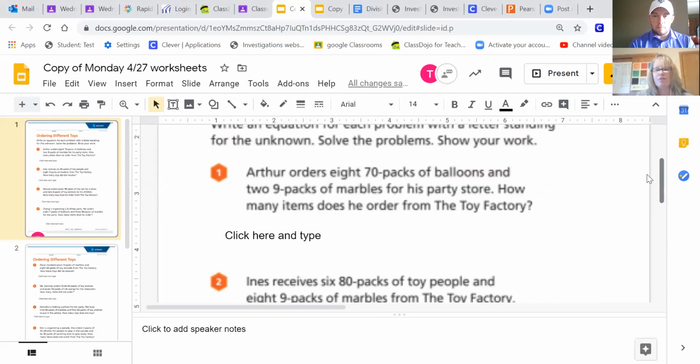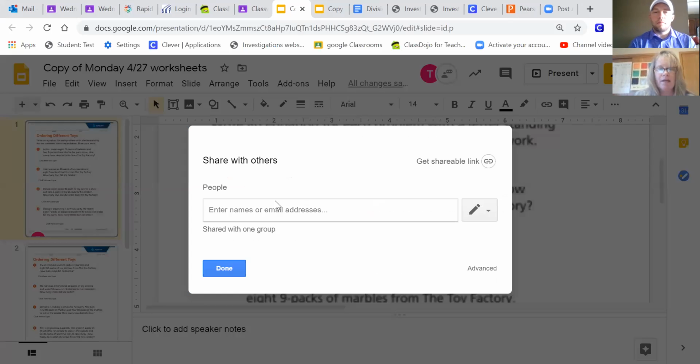So you can see how it all says click here and type. We're going to do the first 2 problems with you. Now, for example, in our directions, I'm going to go through with you. When you are done and when you have to submit, you would go up to where it says share. When you click on it, it will say to enter the names. So we said to enter Linnell Campbell.